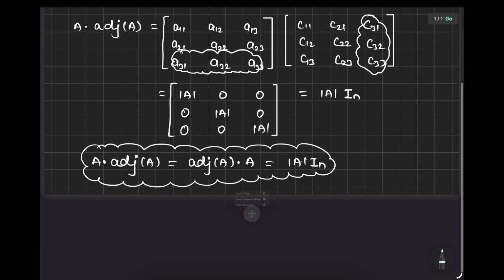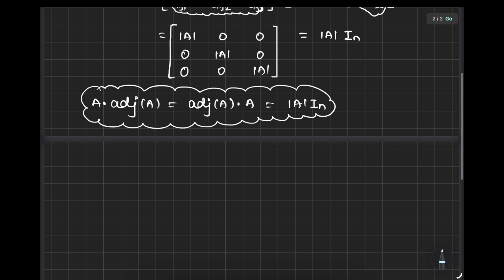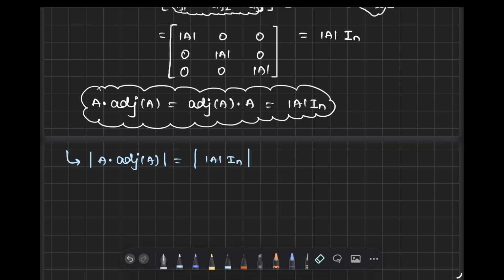Now suppose that we have to take the determinant on both sides. So I am taking the determinant. Be very careful. Determinant of A times adjoint of A is equal to determinant of determinant of A I n. Now you know that this time it is not a matrix, it is a number, meaning it is a determinant. So if you have to take something common in a determinant, you know that from every row or every column you will take things outside.